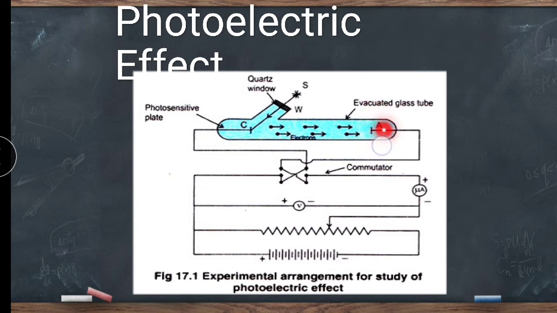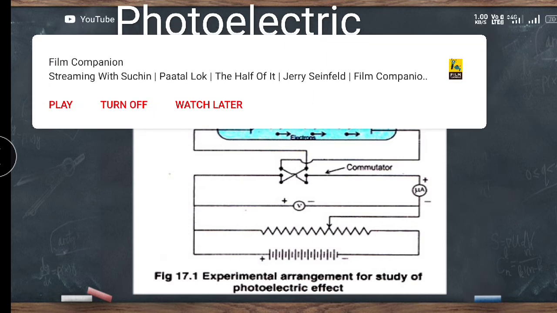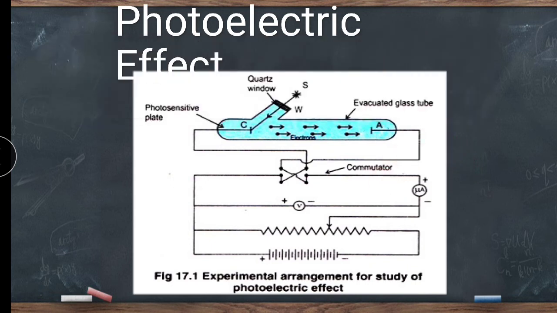Now as the anode has a positive charge and photoelectrons have a negative charge, these photoelectrons get accelerated toward the anode, and because of the motion of the electrons, current flows through this circuit. So with the help of the microammeter we can measure that current, right? So this is about the photoelectric effect.